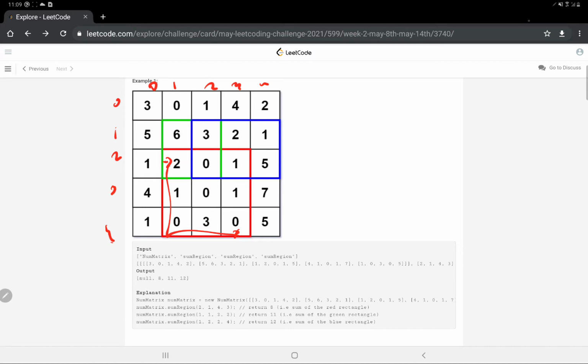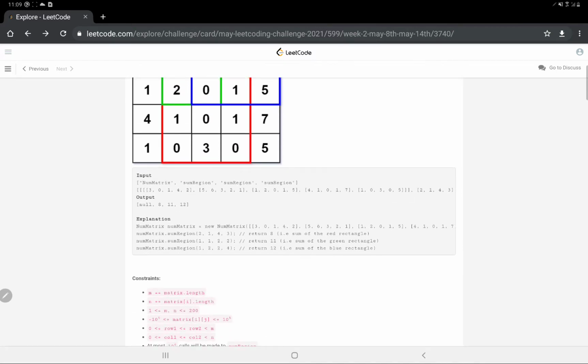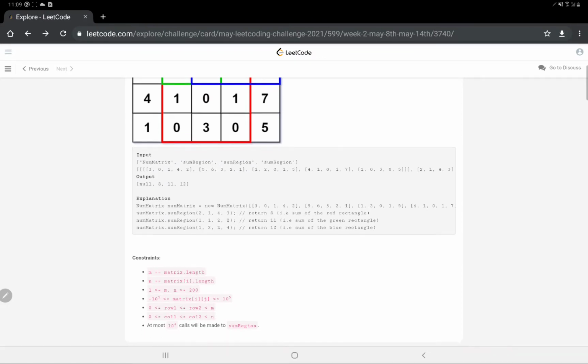I hope the statement of the question is clear to everyone, and let's see the constraints that are given to us. The constraints are that m and n would be the lengths and would range from 1 to 200, so it won't be empty. We won't be putting in a check for the empty matrix because the length would be from 1 to 200. These types of constraints are very important to write good code.